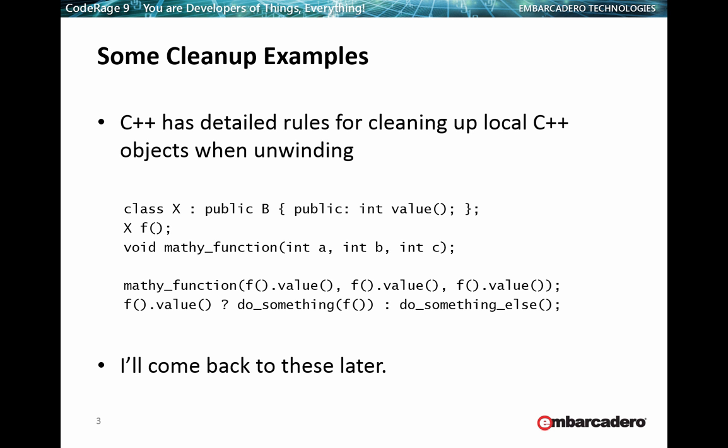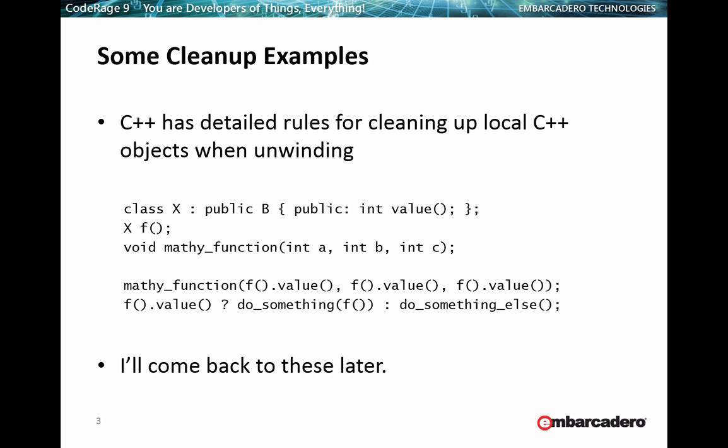The same thing holds true for the question mark colon operation below. A temporary is created for the first call to f, and then based on the result of that, you either call do something with a call to f, which results in another temporary, or you call the function do something else. And in the second case, you don't create the second temporary.